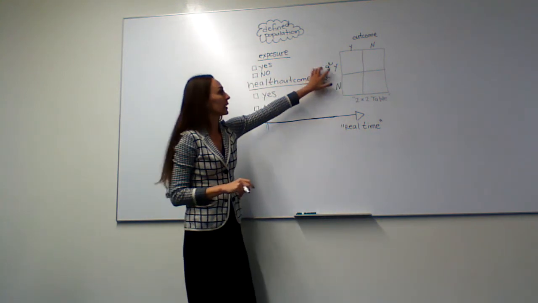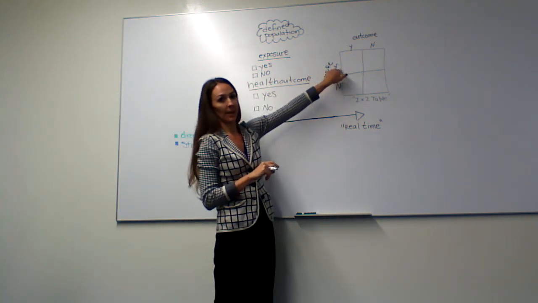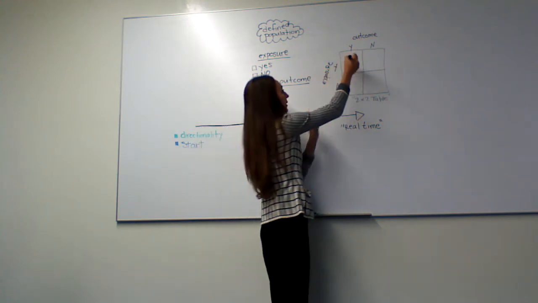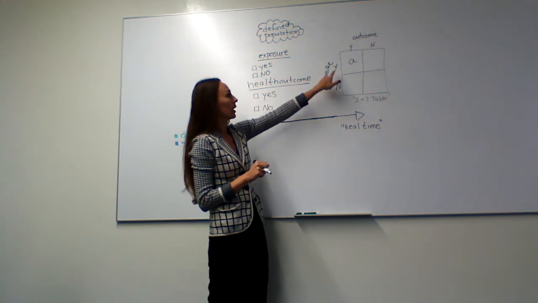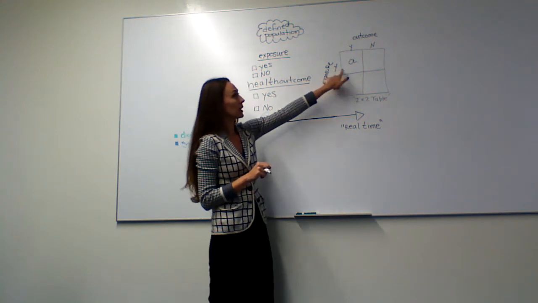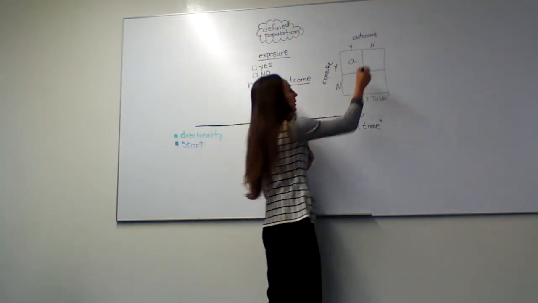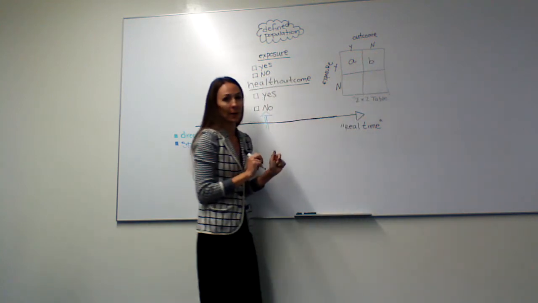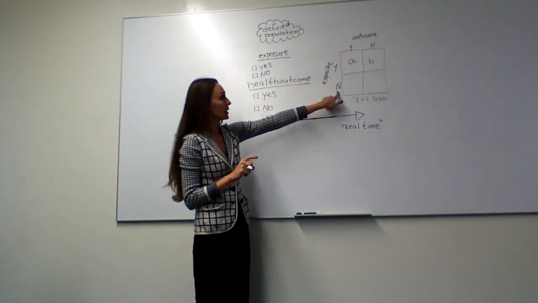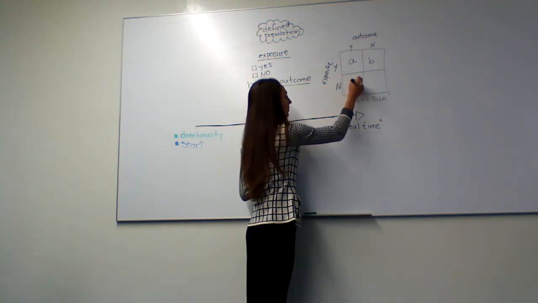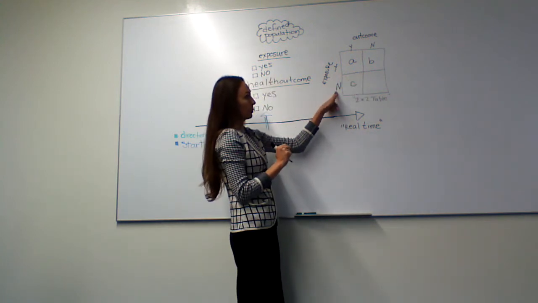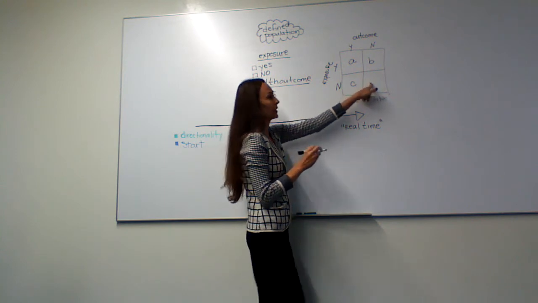So if a person is exposed and has the disease, we would count them in that box. If a person is exposed and does not have a disease, we put them in that box. Not exposed, does have a disease. Not exposed, does not have a disease.